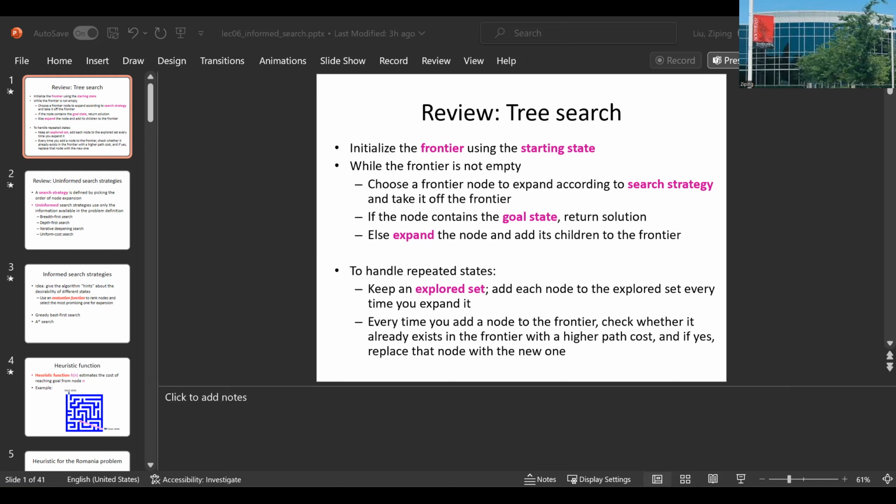Okay. So then based on these three values, follow the lowest. That's why you're going to expand this.